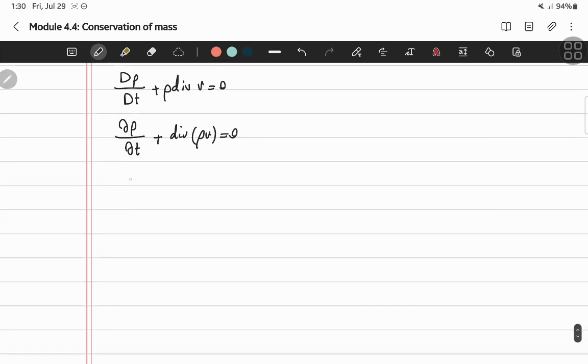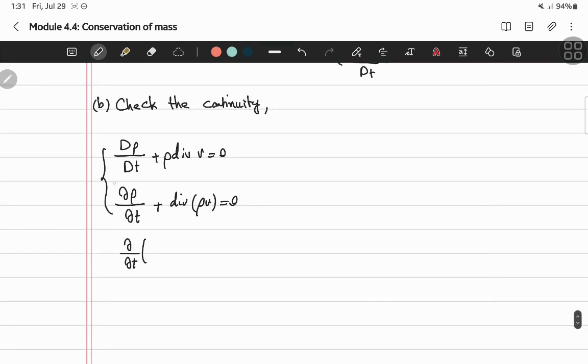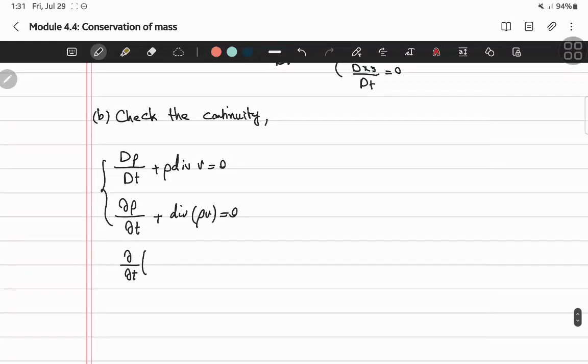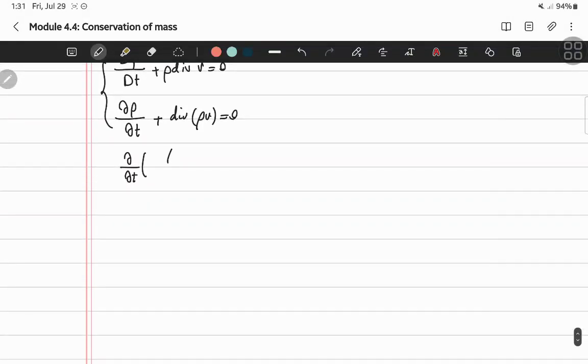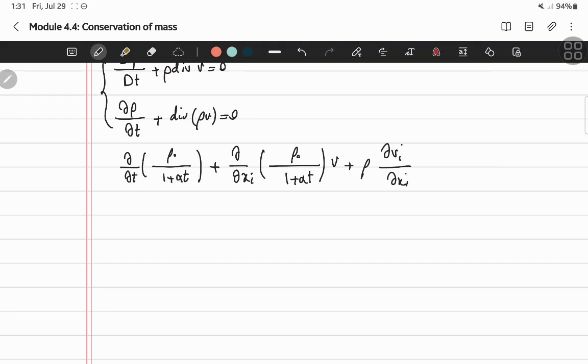We can use either of these. So rho is rho 0 divided by 1 plus alpha t. Then we have the divergence of this. If we open it up, we have the partial derivative of rho with respect to t, plus partial derivative of rho 0 over 1 plus alpha t times vi with respect to xi, plus rho times the partial derivative of vi with respect to xi.